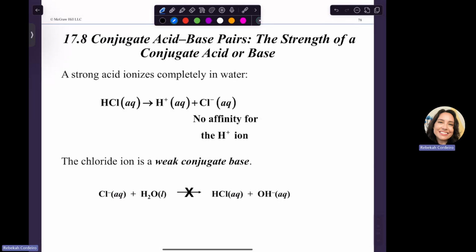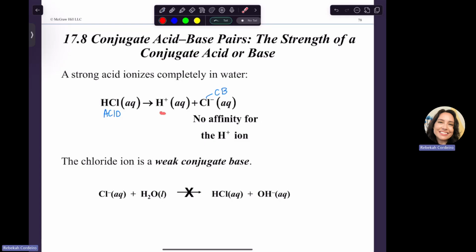So, strength of conjugate acids and bases. Conjugate acids are acids, conjugate bases are bases. But if your conjugate doesn't ever get to go in reverse, it can't act as a base. For example, HCl is an acid, right? So technically Cl minus would be a conjugate base. Can it act as a base? Can Cl minus ever add this H plus back?